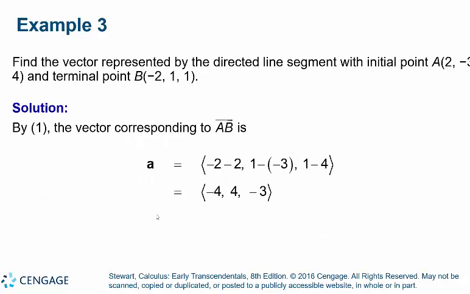Let's find the vector represented by the directed line segment with initial point (2, -3, 4) and terminal point (-2, 1, 1). By this formula, the vector corresponding to AB is you just take -2 - 2, 1 - (-3), 1 - 4, and this is the resulting vector right here.